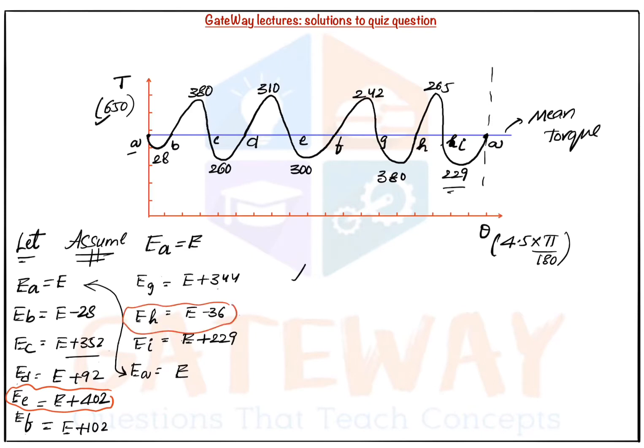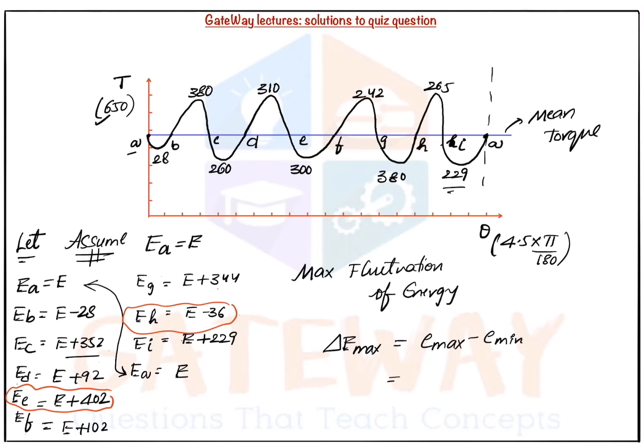Now, the maximum fluctuation of energy, delta E max, is nothing but E max minus E min. E max we got at E, so it is E plus 402 minus (E minus 36).